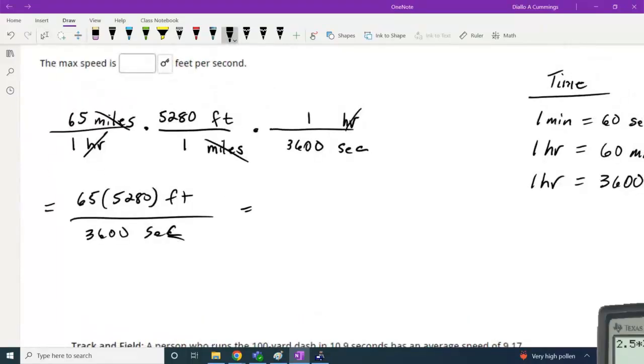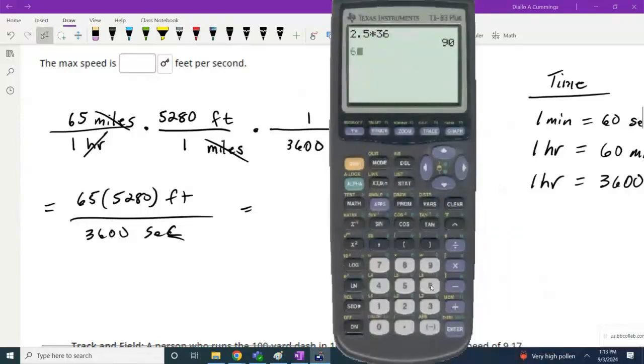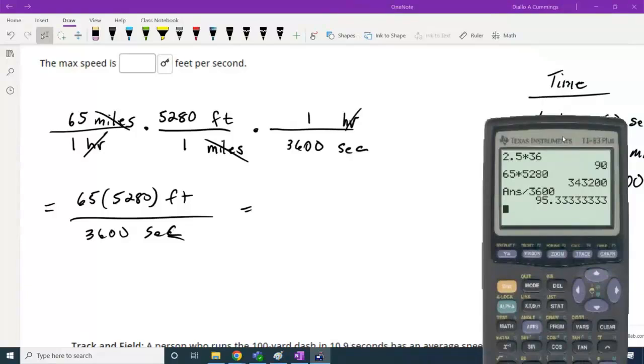So if I simplify the numerator, 65 times 5,280, and I'm just going to divide that by 3,600, you should get 95.3 feet per second.